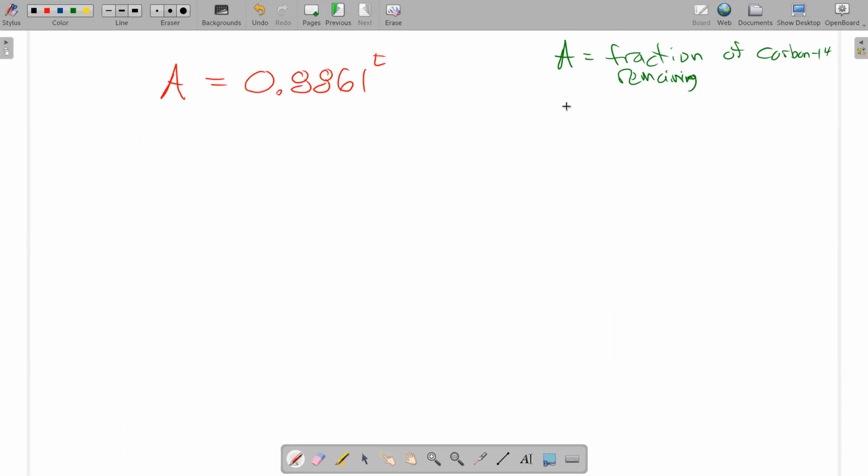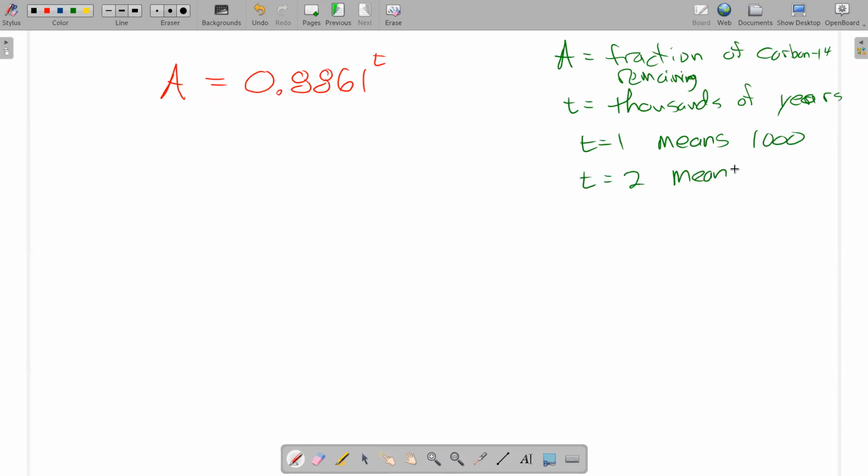And T is thousands of years. Right, so in other words, T equals 1 really means 1,000. T equals 2 really means 2,000, and so on.